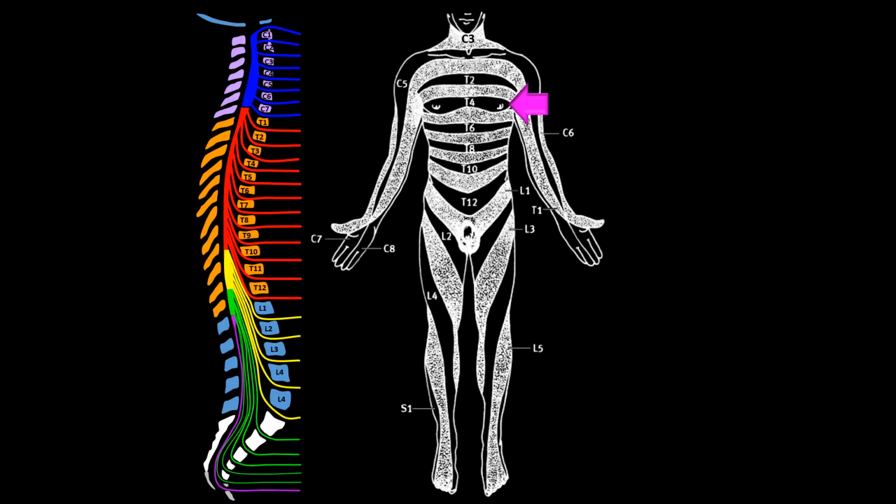A sensory level at the level of the nipples, that is, in the T4 dermatome, is likely to correspond with a spinal cord injury at the vertebral level of T2. As is the case with the lower cervical sensory levels, upper thoracic sensory levels are associated with spinal cord damage at about 2 vertebrae above the sensory level.